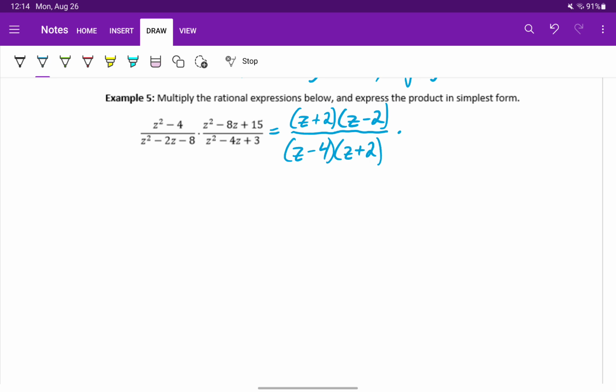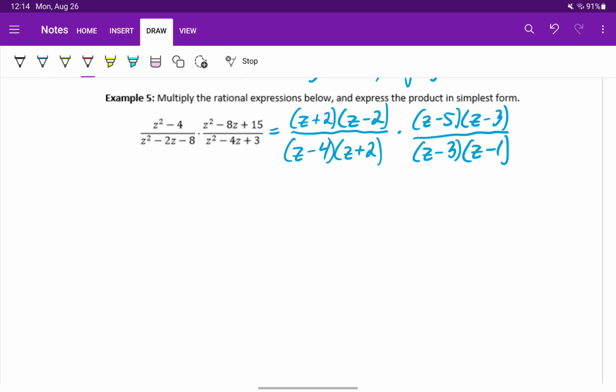Similarly, we would factor the two expressions in the second rational expression to get z minus 5 times z minus 3 over z minus 3 times z minus 1.